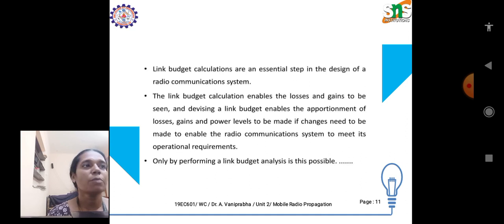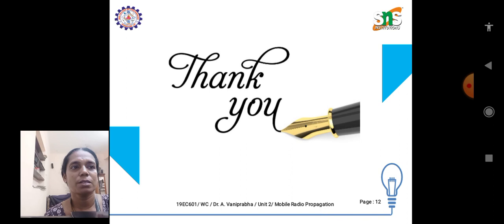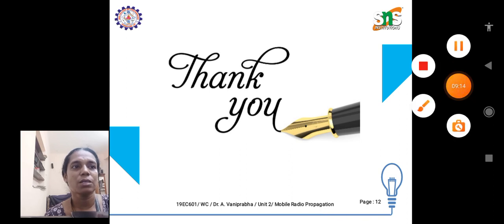Only by performing a link budget analysis is this possible. We have to consider all the losses or gains that are encountered during the transmission of the wave between the transmitter and receiver. So this is the significance of link budget design, why it has to be considered for analysis.